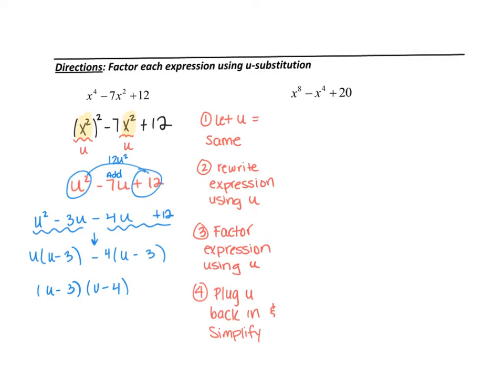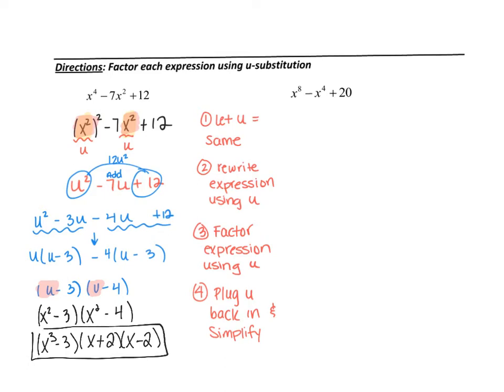If u is here and here, and I let u equal this x squared in the beginning, I can go ahead and make u x squared, so x squared minus 3 and x squared minus 4. And we can remember that x squared minus 4 is a difference of squares, so x minus 2 and x plus 2 would be those simplified factors. So notice that this should be the exact same answer that we got before, just another method.